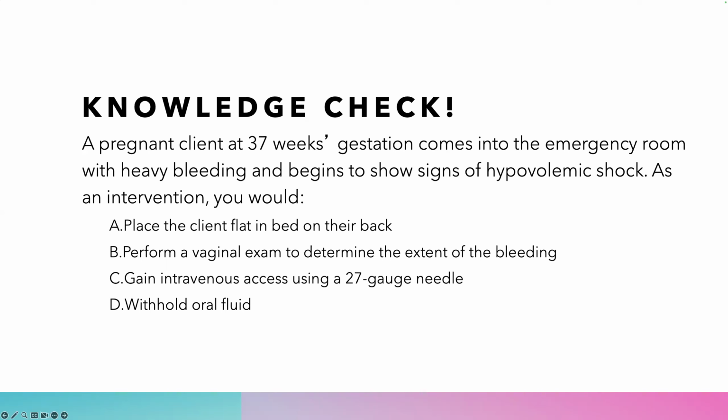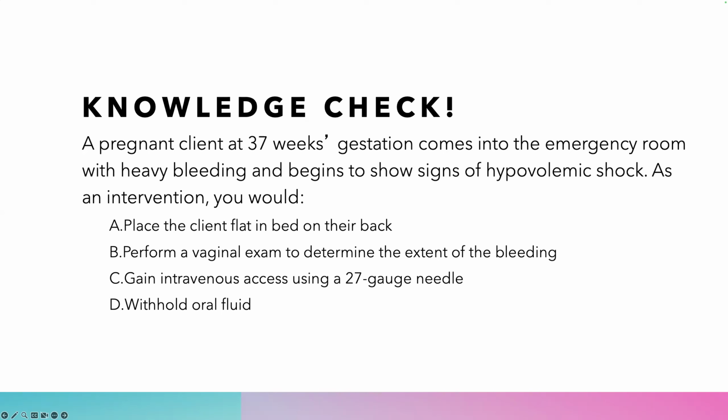So think about this. This patient is in hypovolemic shock. What are we going to do? Probably gain access. Are we going to put the client flat on their back? Do we ever put a pregnant person flat on their back? No. Are we going to do a vaginal exam? We just talked about that. No. What about an IV access with a 27 gauge needle?